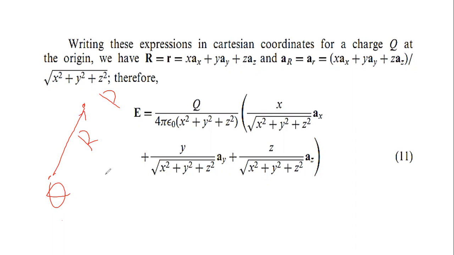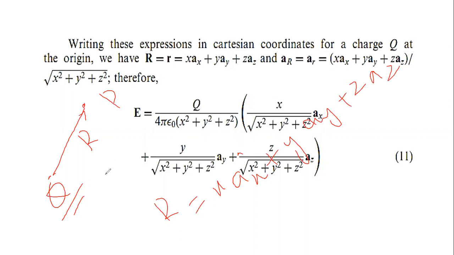Now I am saying that this charge q is placed at the origin. So this r will be equal to x ax plus y ay plus z az. Now this is a vector r.